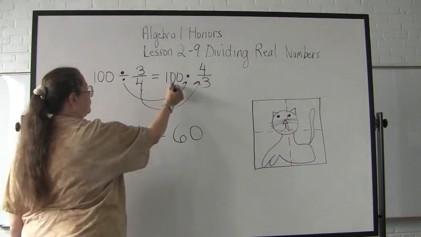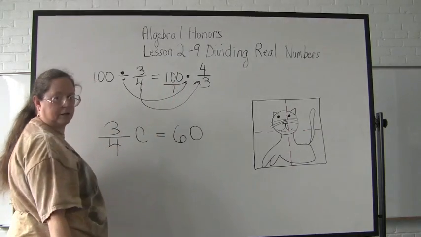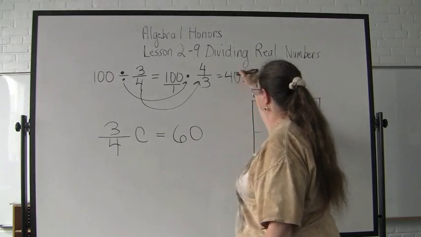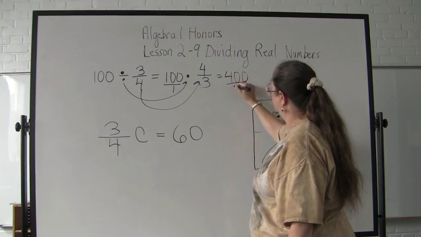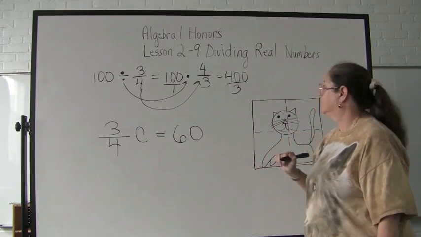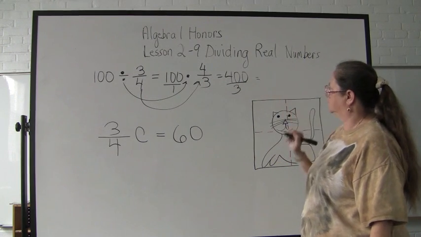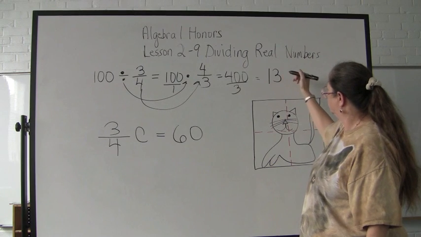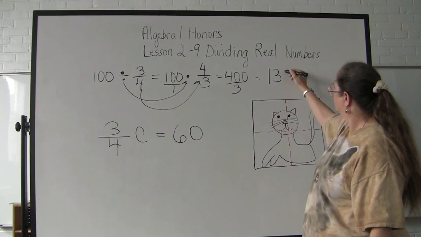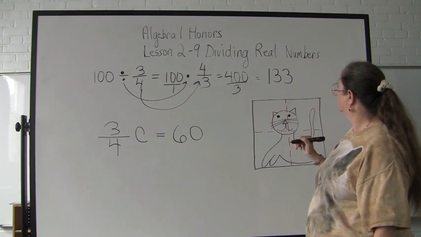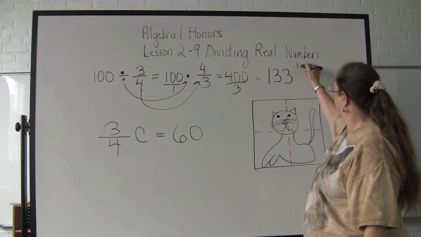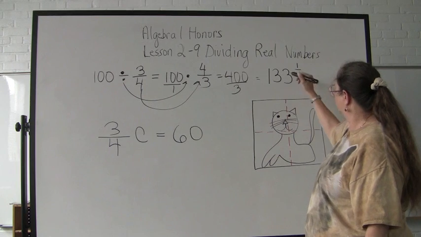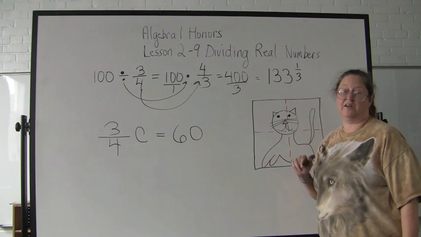Now let's put our 100/1 there. Oh, we still can't cancel. And we're going to get 400/3. Okay? And if we make a mixed number out of that, let's see, we get 133 and 1/3 left over. Okay? So it doesn't come out even.